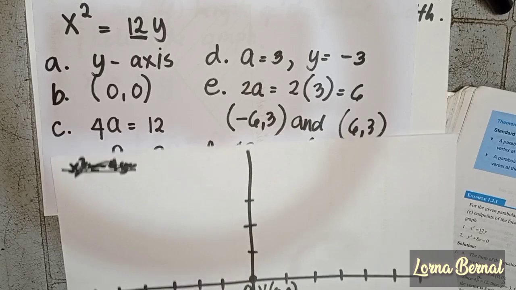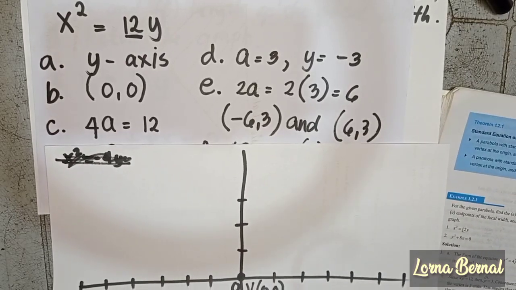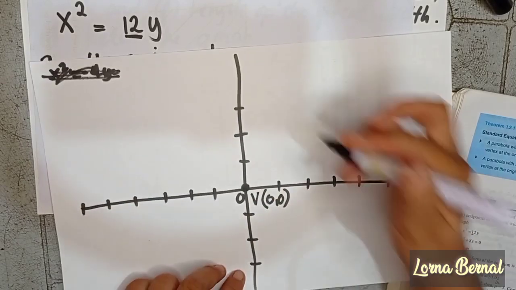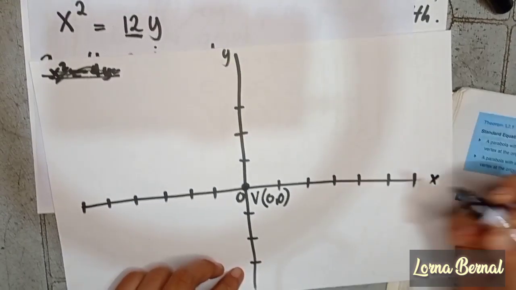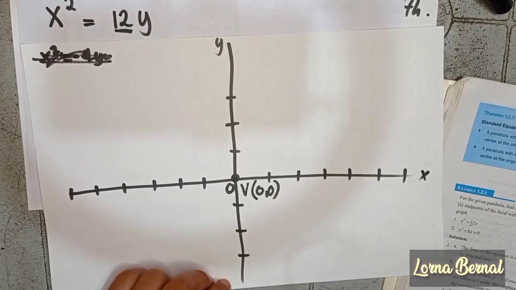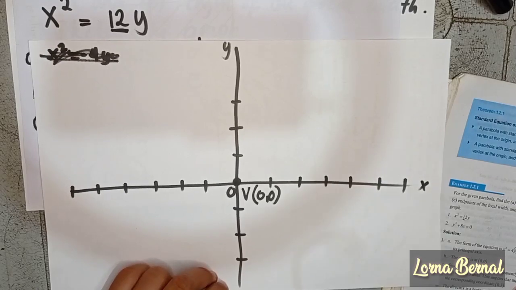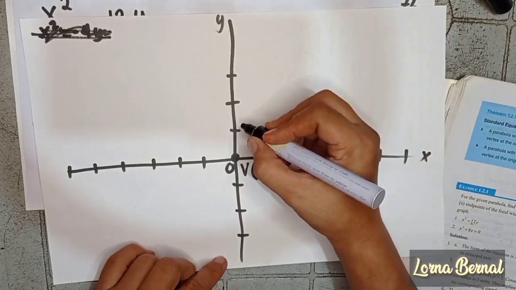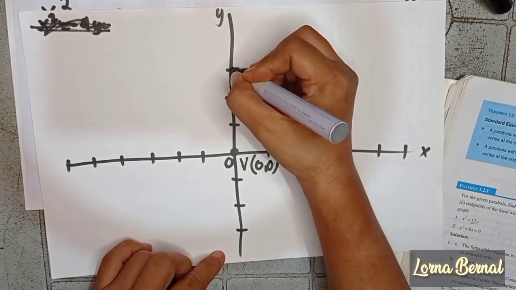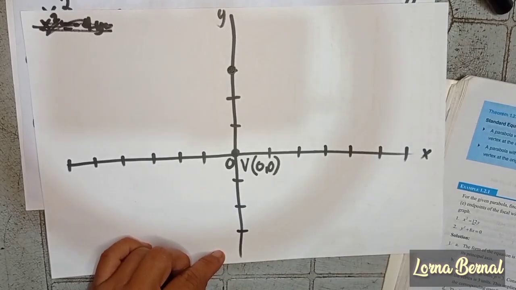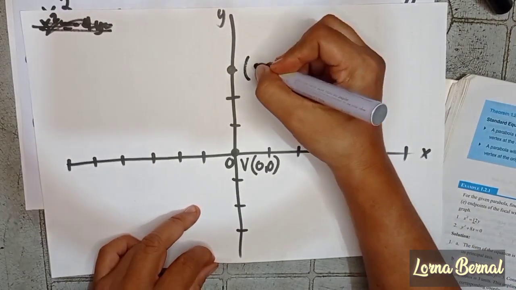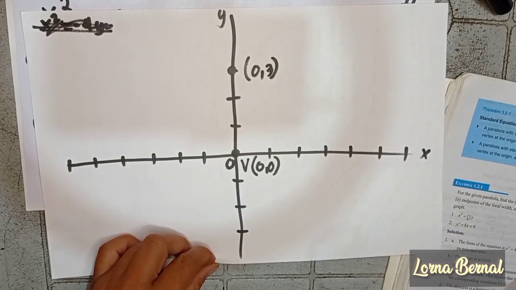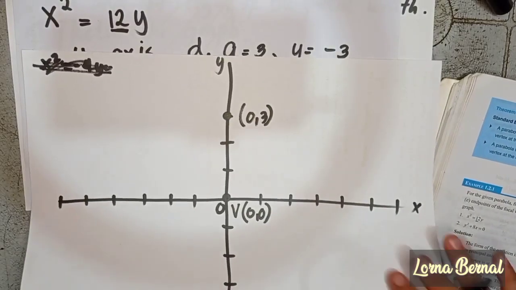Then next we have our focus. So the focus is positive 3. This is our y, this is our x. We said a while back that our principal axis is our y-axis. So 1, 2, 3. This is our focus. So our focus would be 0, 3. That's the coordinates.